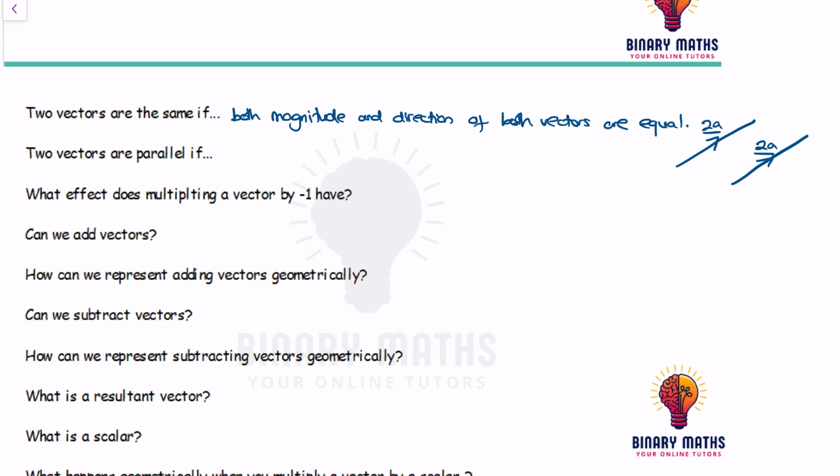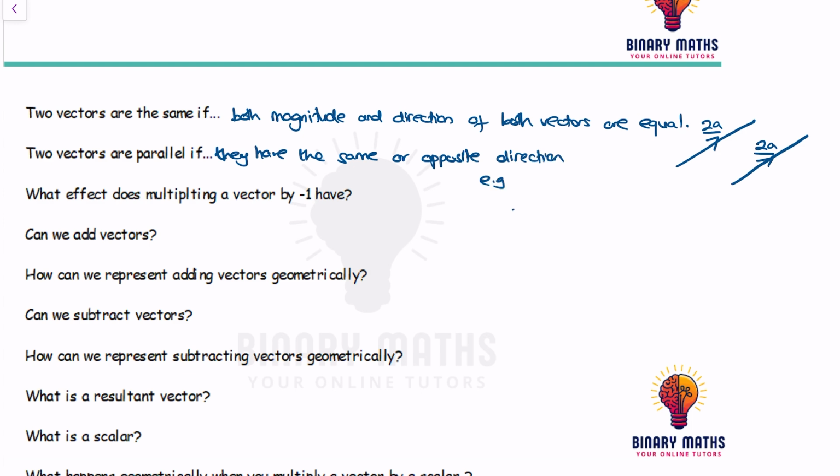2 vectors are parallel if they have the same or opposite direction.